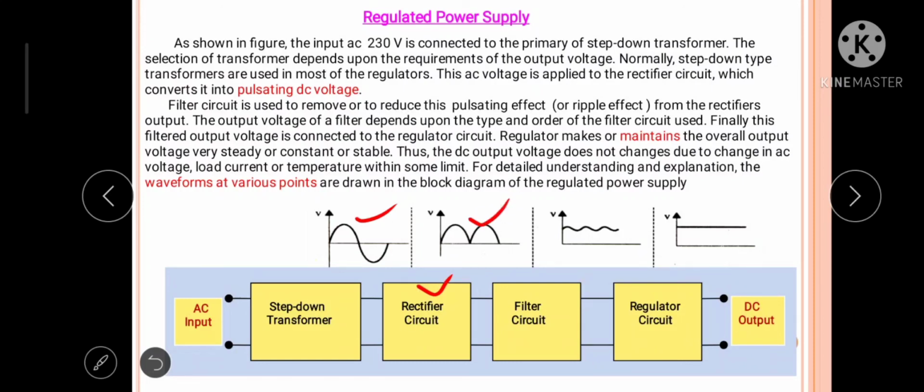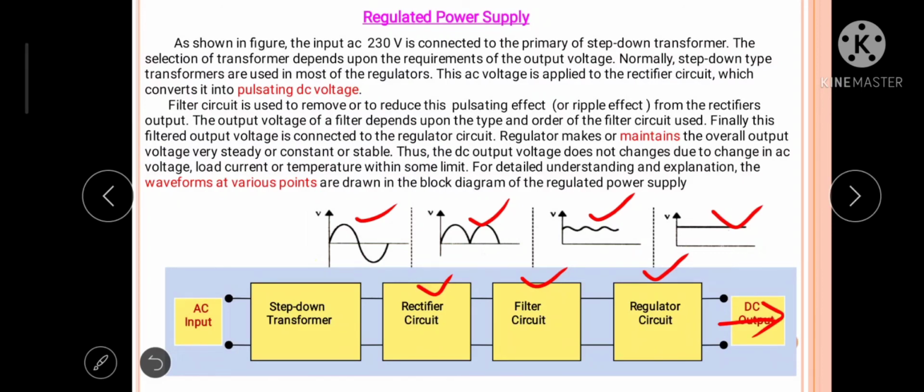Again, this pulsating DC voltage is connected to the filter circuit. The filter circuit gives us a somewhat smoothened output voltage, and this smoothened output voltage is finally connected to the regulator circuit, and the regulator circuit gives us a highly stable or highly constant output voltage, which is pure DC, and then this pure DC voltage can be used at the output part for the desired applications.